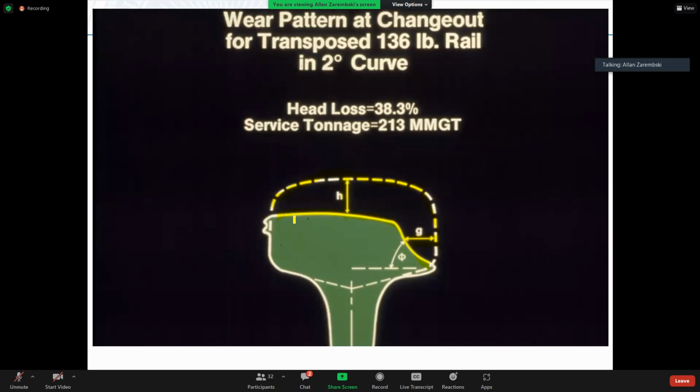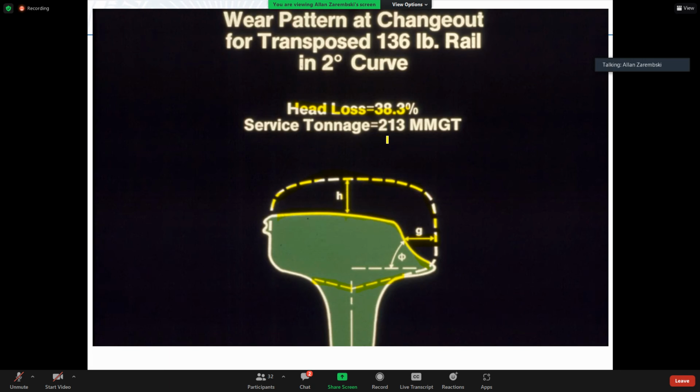So we also use a parameter called percent head loss. Percent head loss means we calculate the area of the railhead new, and the area of the railhead worn, defined by this intersection point upwards. So this is the head new, this is the head worn, and this particular case shows 38% head loss.